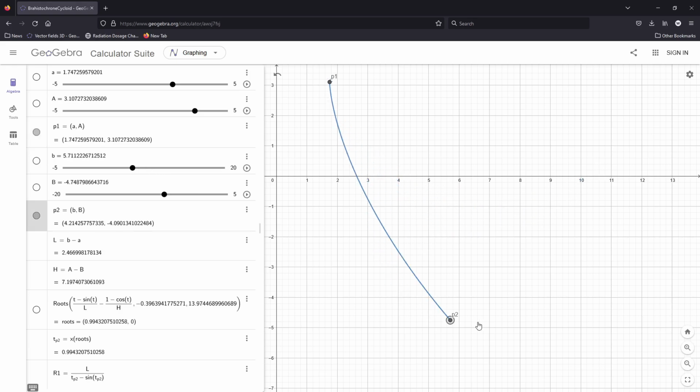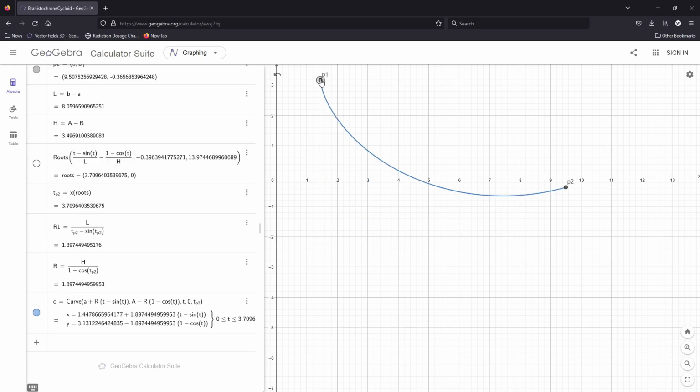You can move them to any point here that you want to and solve the problem, which is very neat. The only point of concern is actually solving for that coefficient b squared, or the coefficient that's being multiplied in the cycloid equation. So that b squared over 2 that shows up in the cycloid equations actually is the radius r of the circle that the cycloid is being constructed from.